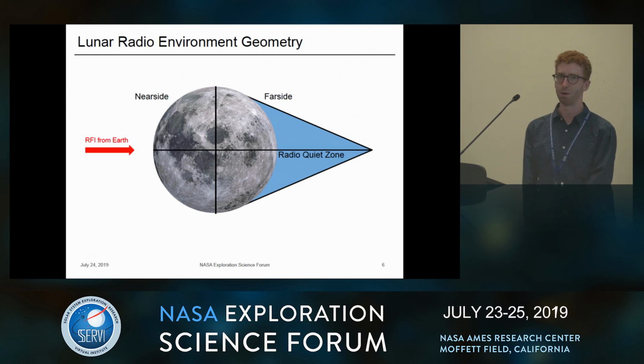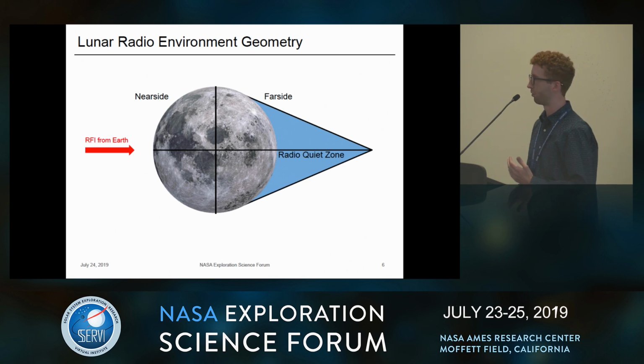If you remember back to your first year physics class, when waves hit any sort of boundary, they're going to bend or diffract around the edge of that boundary. The same is true for the problem of RFI and the moon. The RFI is going to bend around the edge of the moon and create a sort of cone behind the lunar far side in which these radio waves from Earth are heavily attenuated.